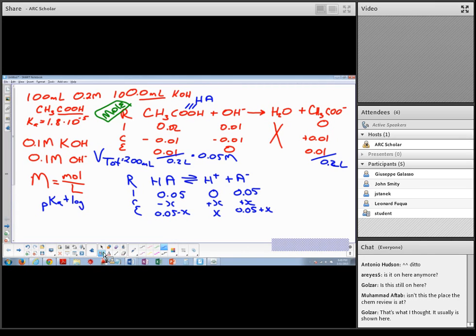So A minus over HA. That's half of it. What's the other side? What's all that equal to? pH. So you can use this equation as a time saver, because it will basically get rid of all this down here.